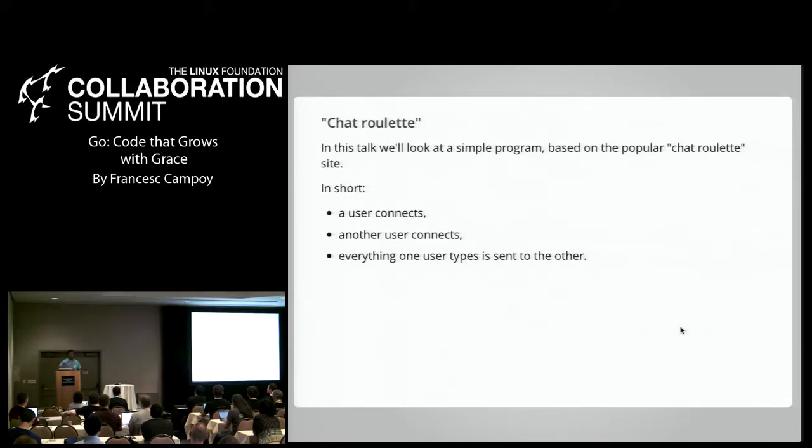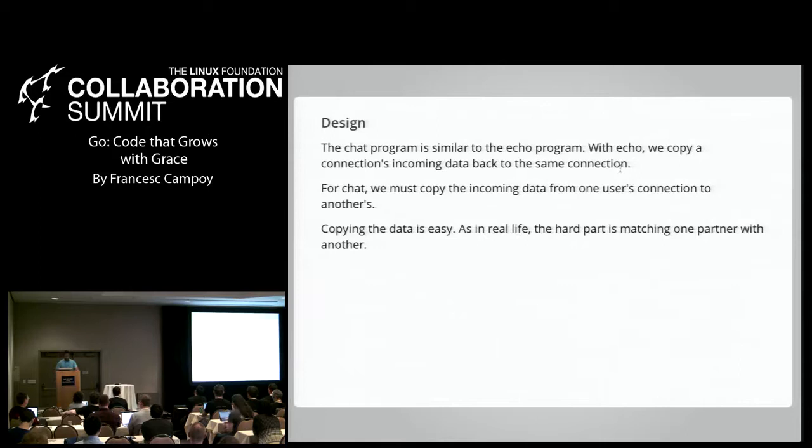And we're going to do exactly that, but with text only, because we're in a demo, and doing that with video would be dangerous. So what we're going to be doing is actually very simple. Chatting between two different connections is basically just calling copy from one connection to the other, so there's nothing difficult about that. The difficult part is actually choosing the match.